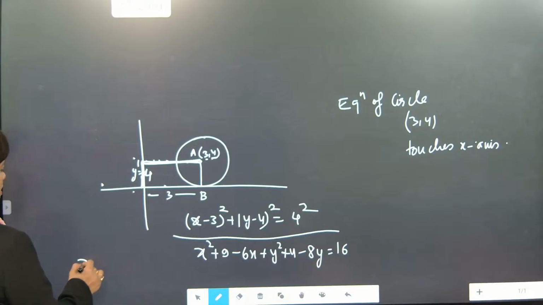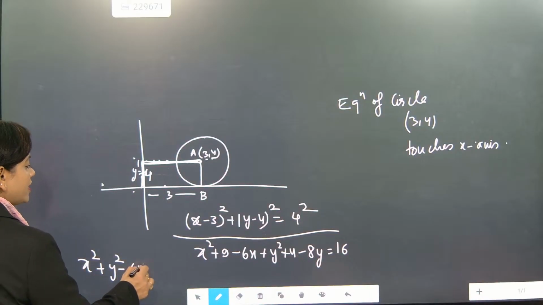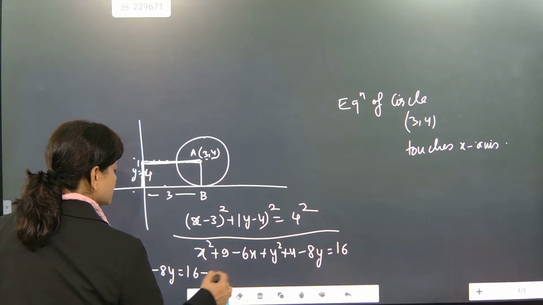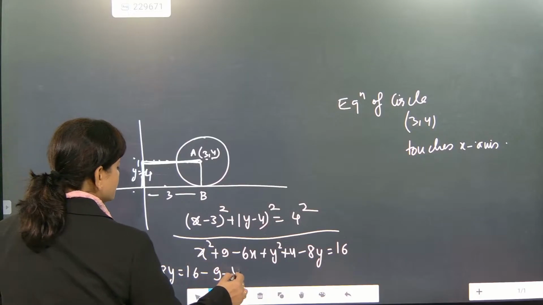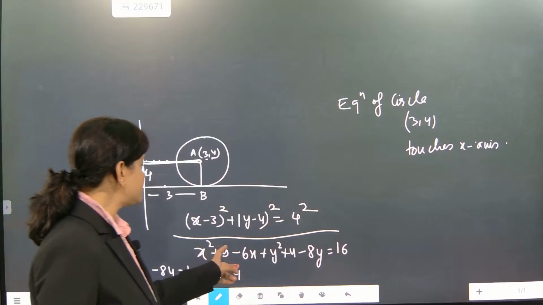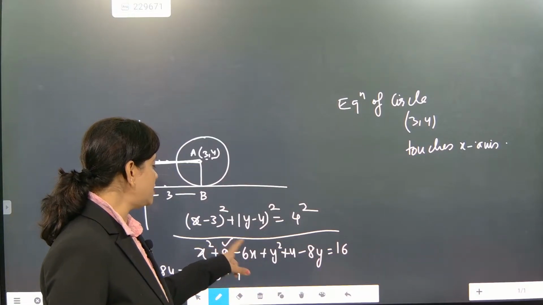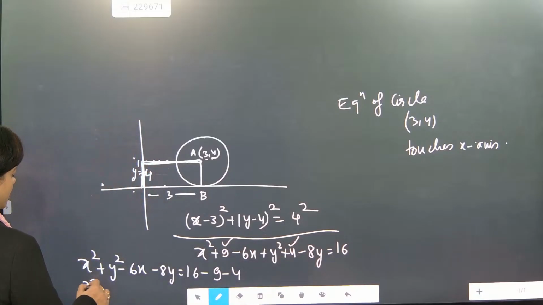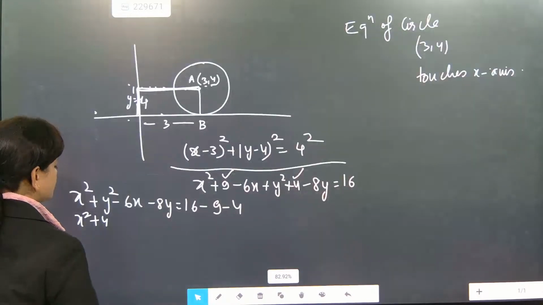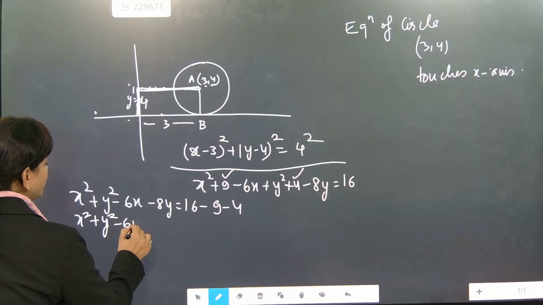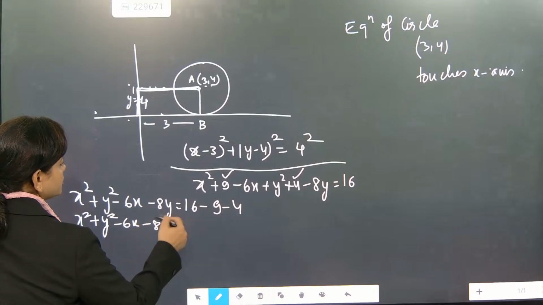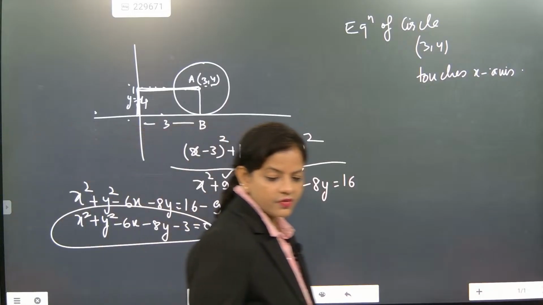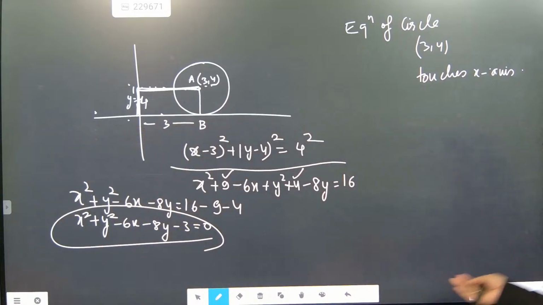So what will be the equation? x square plus y square minus 6x minus 8y is equal to 16 minus 9 minus 4. 9 and 4 make 13, 16 minus 13 is 3, so the general equation will become x square plus y square minus 6x minus 8y plus 9 equal to 0. This will become the general equation of the circle. So I have found both the standard equation and the general equation.